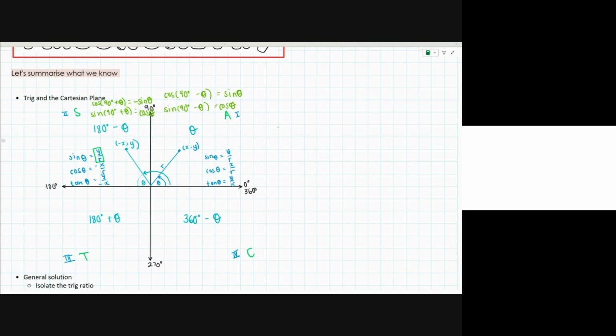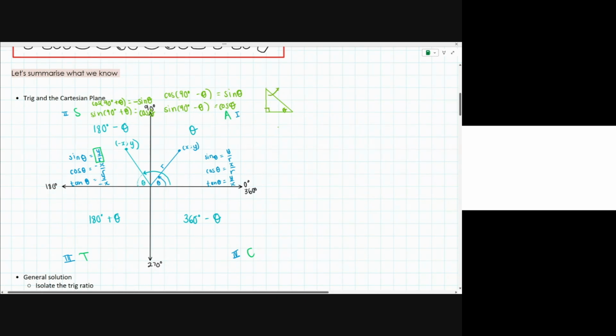So guys, it changes your ratio because if we just go back to a very basic situation, we're going to draw a better right angle triangle. Let's say I had this right angle triangle, and this was my angle theta.